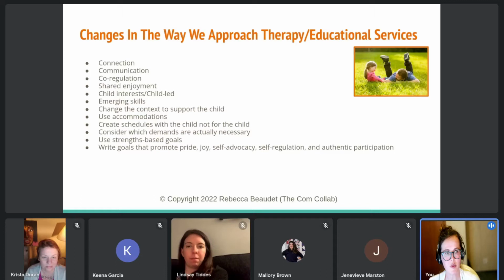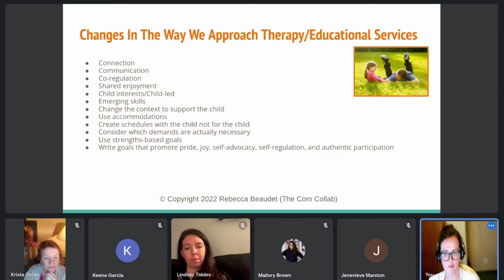All of these regulation pieces are so important to have those needs met so that we can connect and communicate. So I would actually even argue that if I was listing this in an order of priority, co-regulation would maybe go before connection and communication, because if you're not in a regulated place, you're not going to be able to connect or communicate.